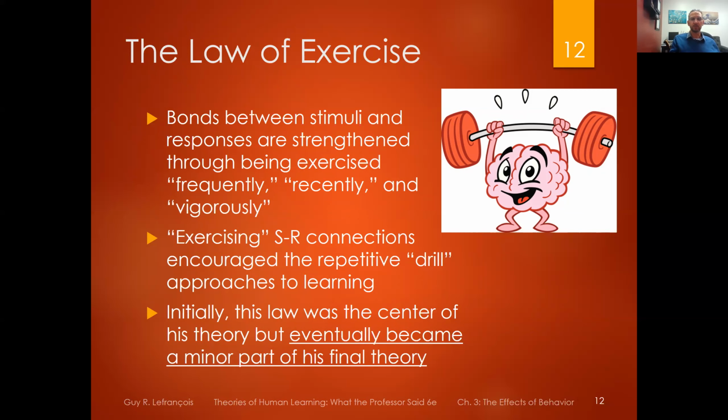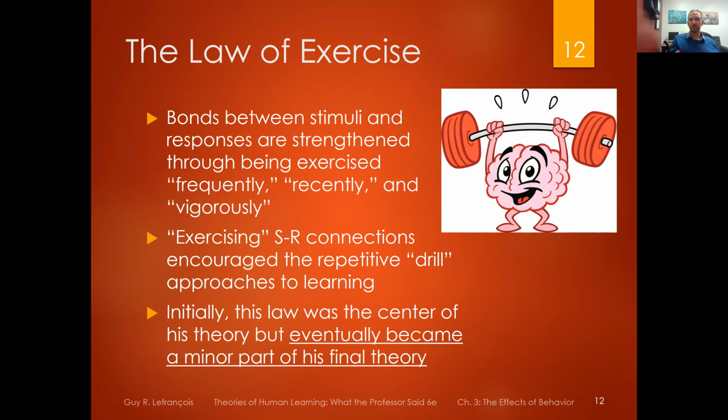I'm not going to spend too much time on this because at first it was the center of his theory, but then gradually he basically almost took it out and argued that it was a minor part of the learning process.